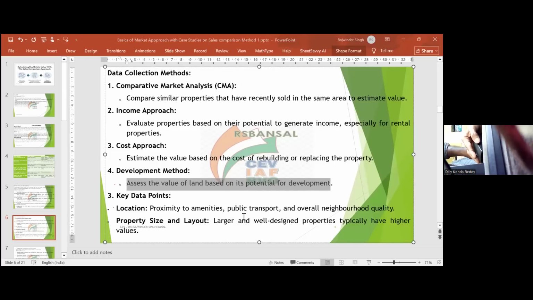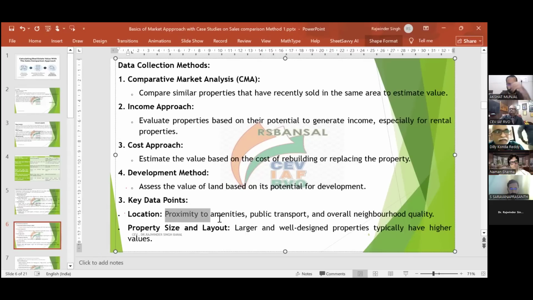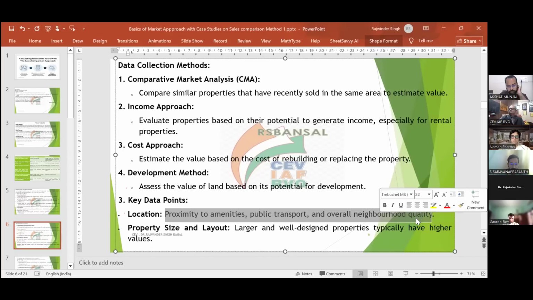So what are the key data points? What are the points from where you can get the data? First thing is location. So you have to get the data about the proximity to amenities, public transportation, and overall neighborhood quality.